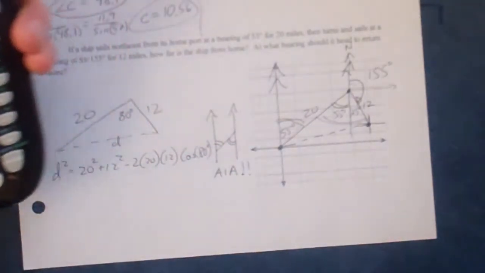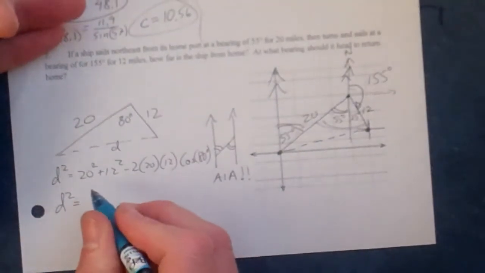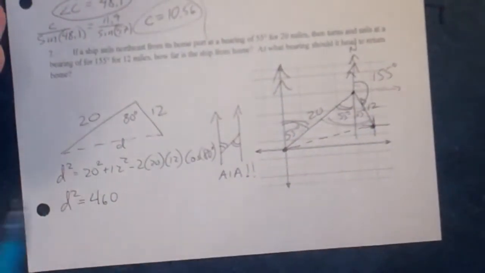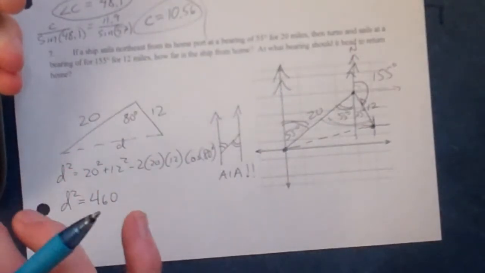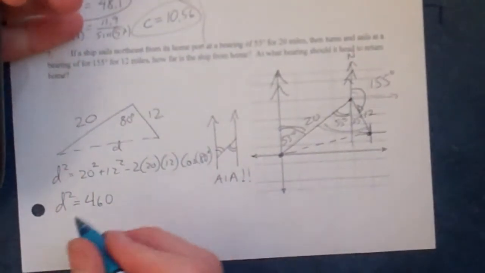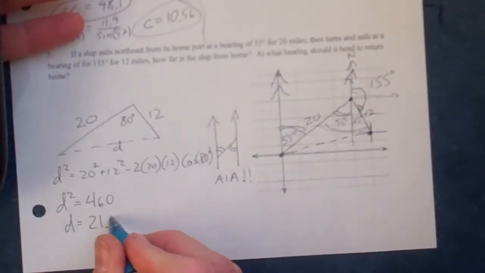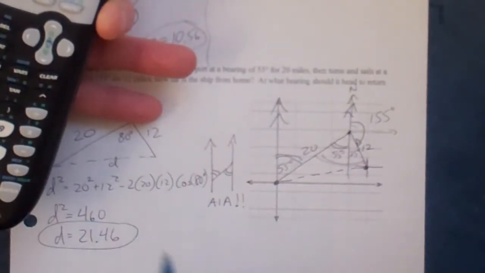Hit enter, and I get 460. That's d squared. Never make the mistake of writing that down. It'd be kind of silly if you sailed off 20 miles and then 12 miles and decided it was 460 miles home. And I raise that to the 0.5, or I take the square root, and I get d then is equal to 21.46. All right, so that is my distance home.